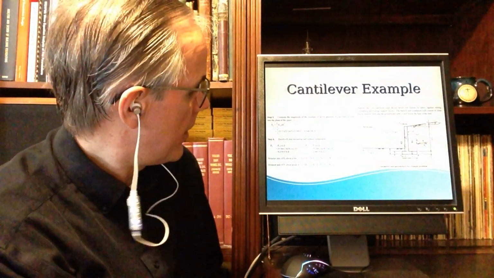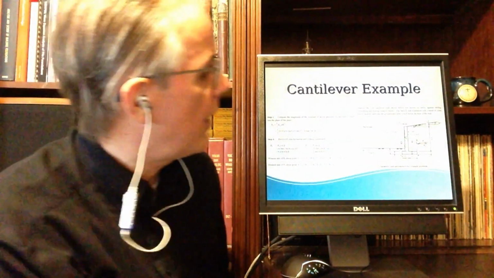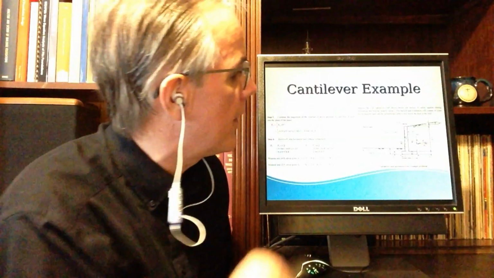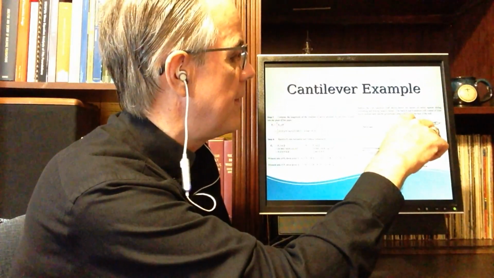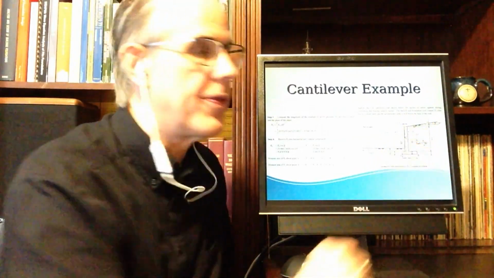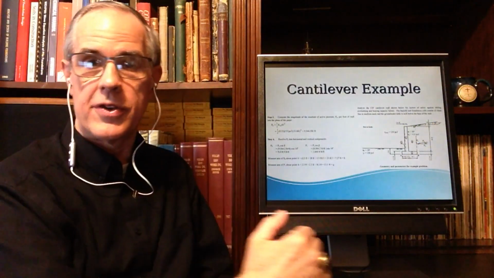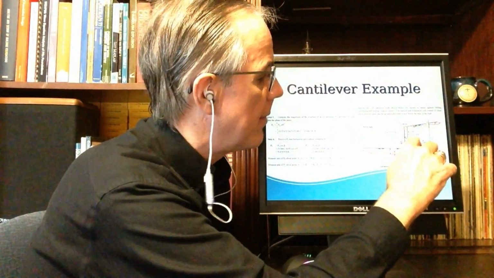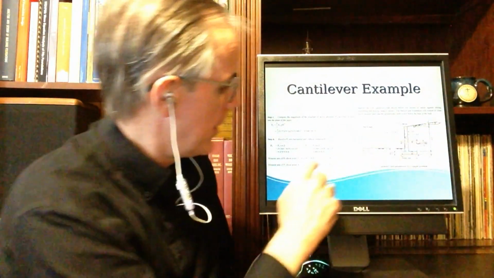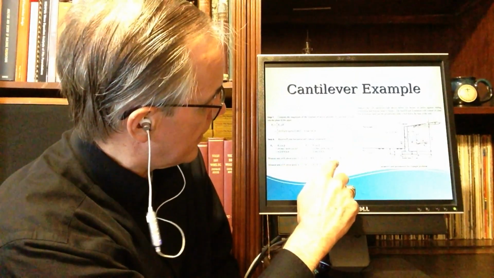So the moment of the horizontal force is very simply this dimension from here to here divided by 3. As I said, it's a triangular force, so it's this length divided by 3.